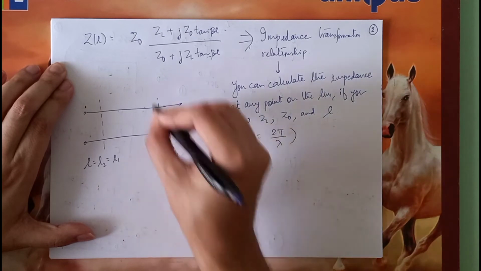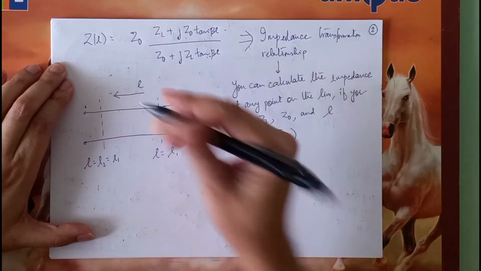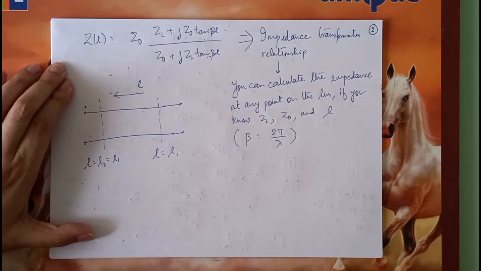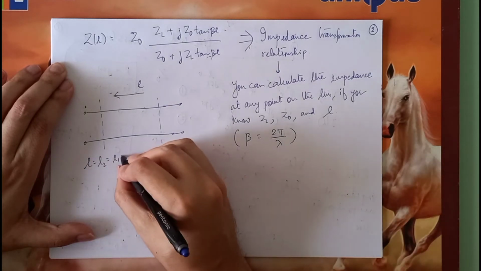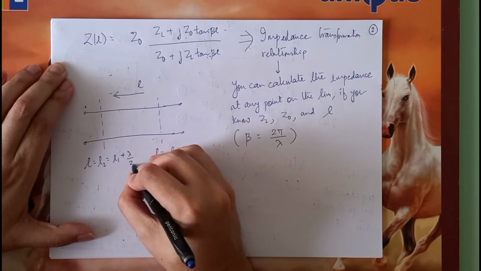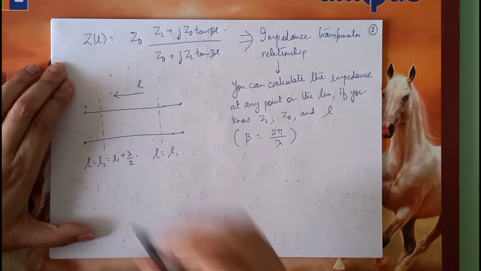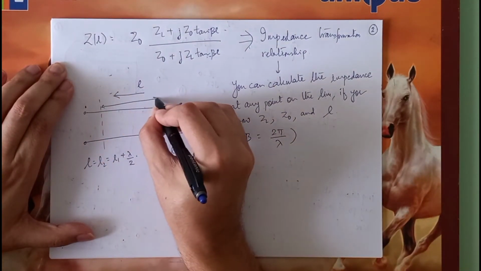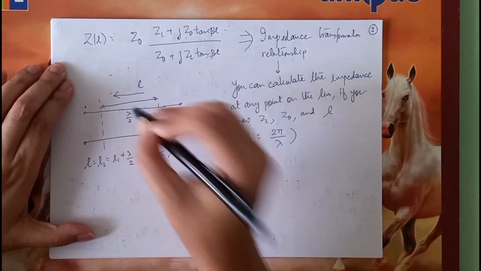Since the positive L is to the left, this point would be L1 plus lambda by 2. That is to say, the distance between these 2 points would be half a wavelength.